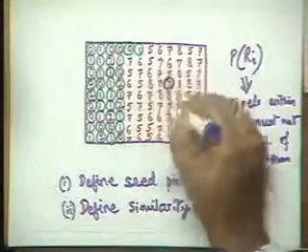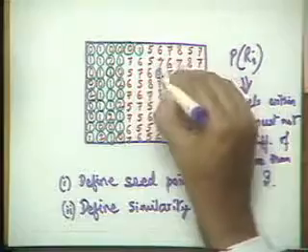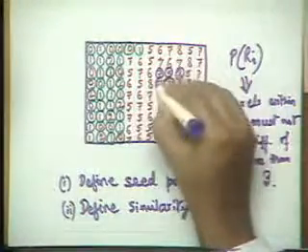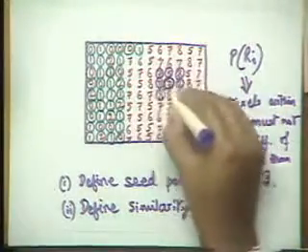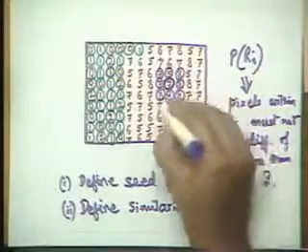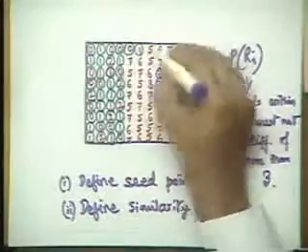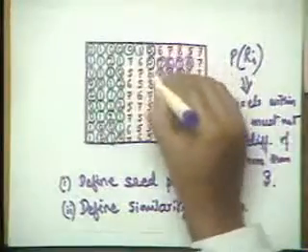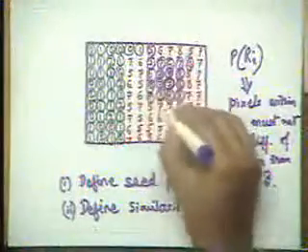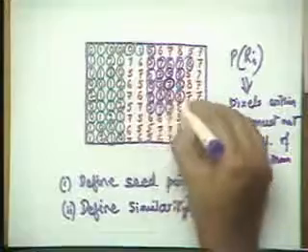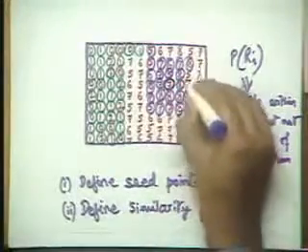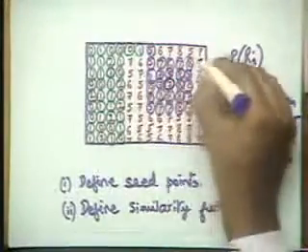I can now take the other seed, which is 7. Now I examine all the pixels which are neighbors to this particular seed. I find that all of them can be included. If I proceed with this approach, we can clearly see that all the remaining pixels get clubbed into this region.